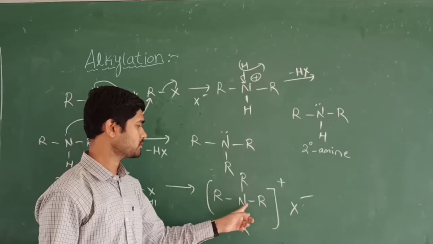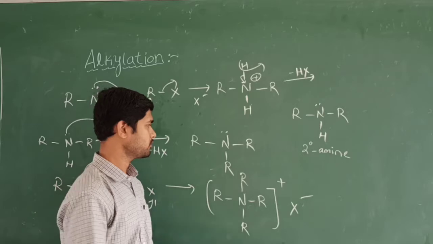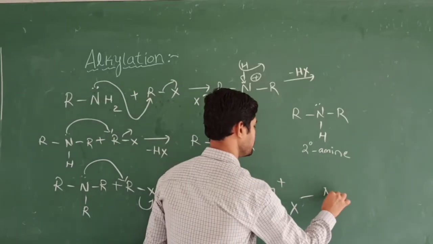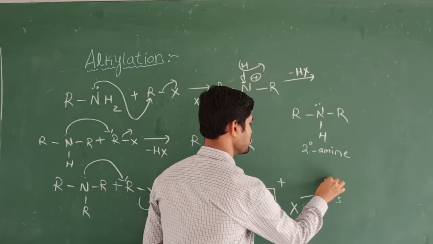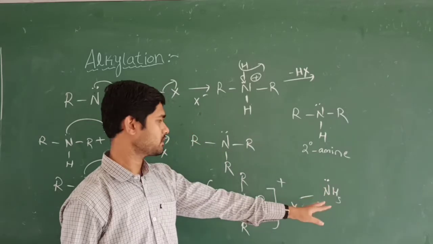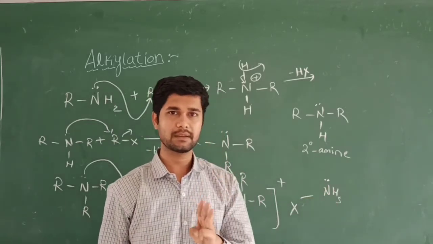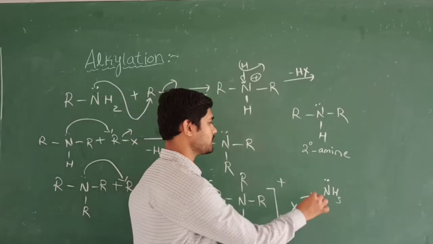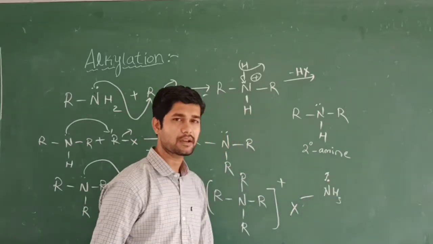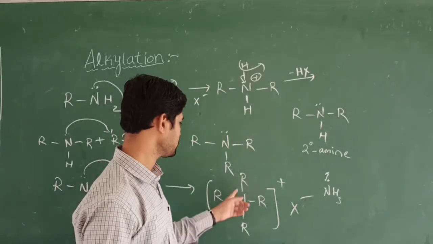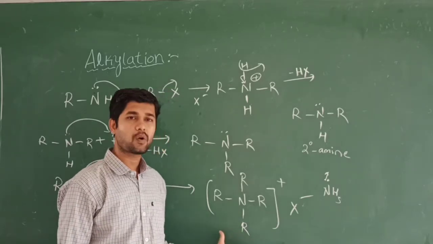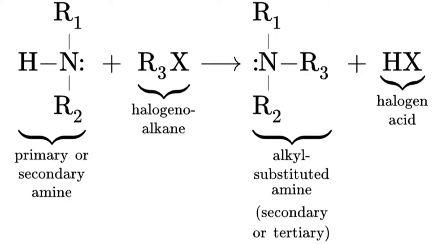Here nitrogen has four bonds. You know ammonia, NH3, always has three bonds, nitrogen always having three bonds. But here the lone pair of electrons is utilized to make a new bond. Like this, the compounds are called quaternary ammonium salts.